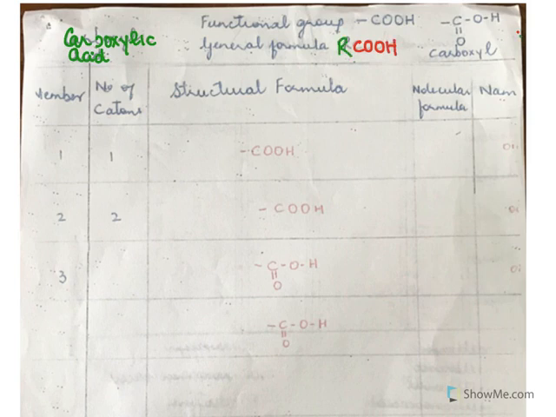General formula RCOOH. So the first member having 1 carbon, here is a carboxylic acid, COOH, and the carbon is already taken up, so we have only 1 hydrogen attached here. So this is the first member.